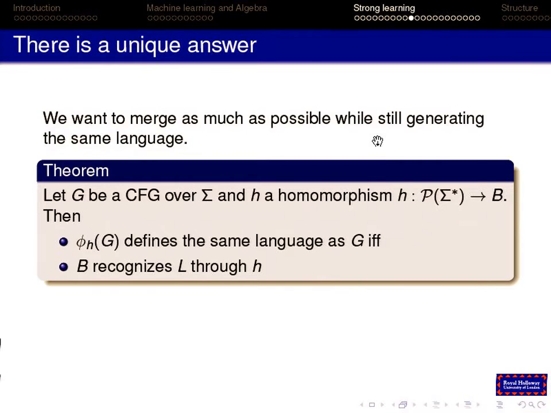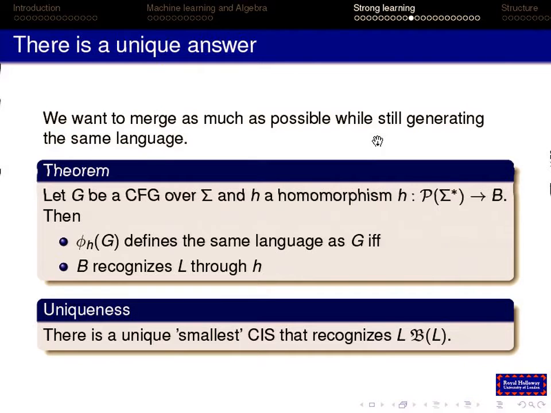So these homomorphisms define transformations of context-free grammars, and the transformation is not going to increase the language if and only if we have this criterion. Now what we can show is that there is a unique answer: a unique smallest semi-ring that recognizes L, and this is going to give us a unique morphism to simplify our grammar. Okay, so let me just do this in a little diagram here.